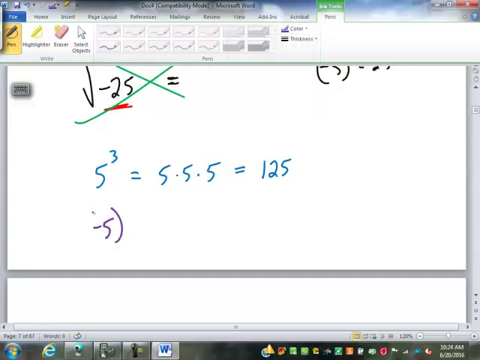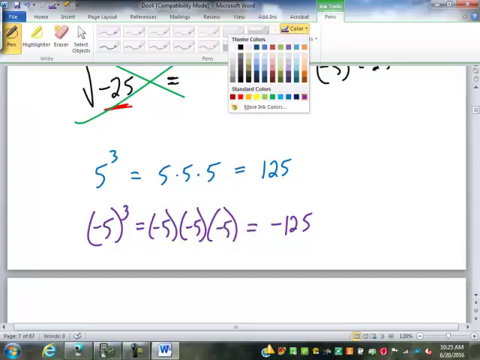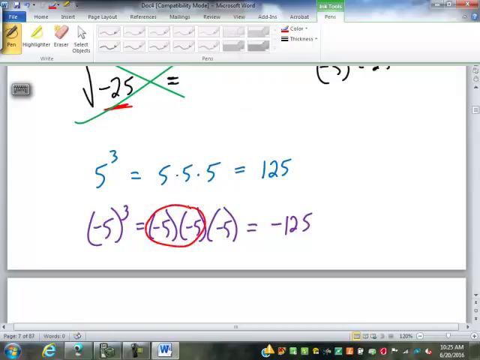Is a negative 5 to the power of 3 also going to be 125? Not quite. There it is. We get a negative 125. And the reason is you can multiply the first two. Negative 5 times negative 5 is a positive 25, but it's multiplied by another negative 5, which is a negative 125.